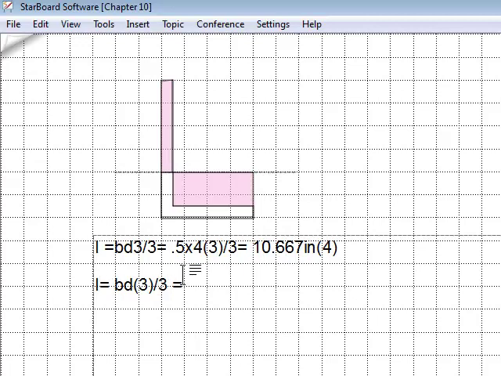So that whole bottom square, the base is 4 times the height is 2, cubed, all divided by 3, equals, again, 10.667 inches to the 4th.